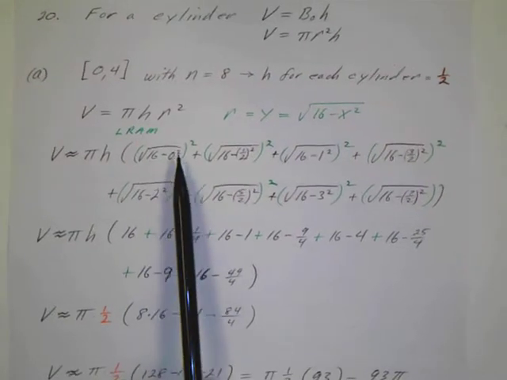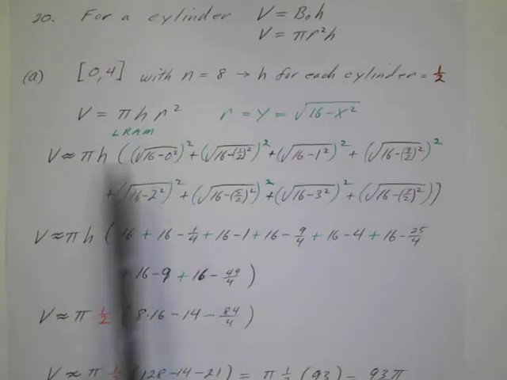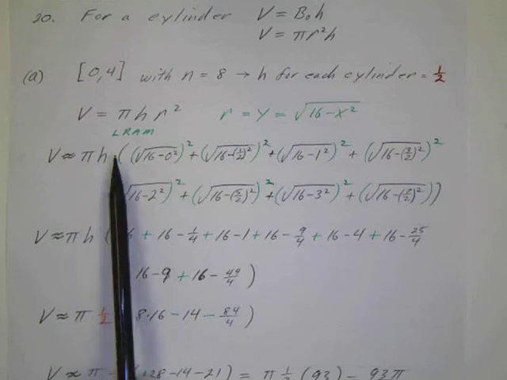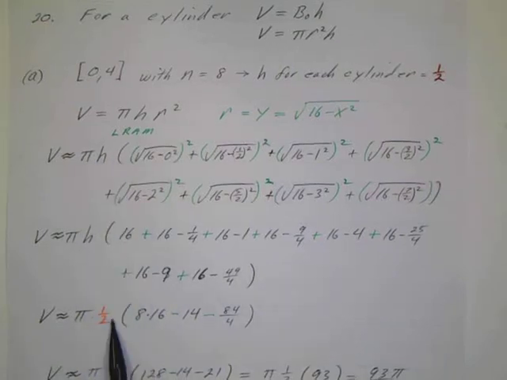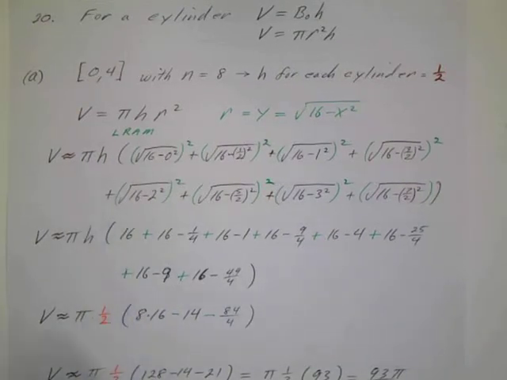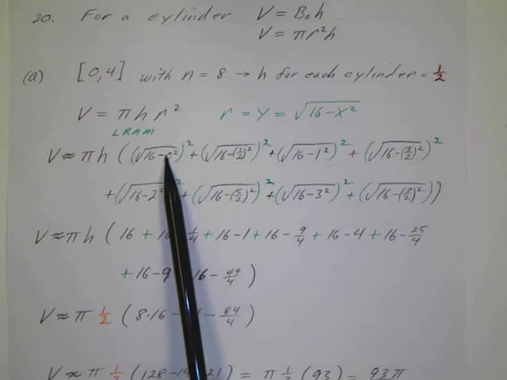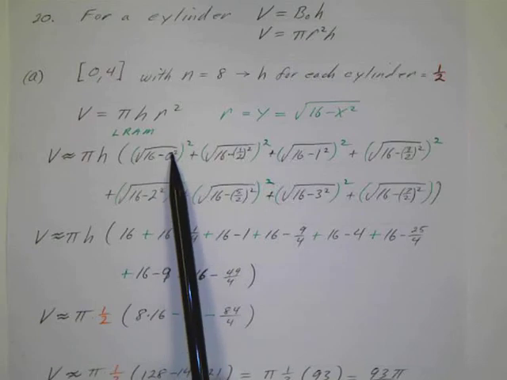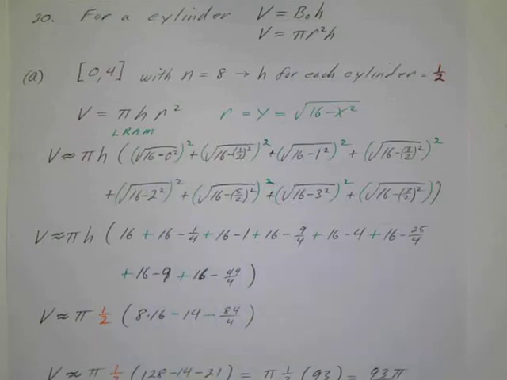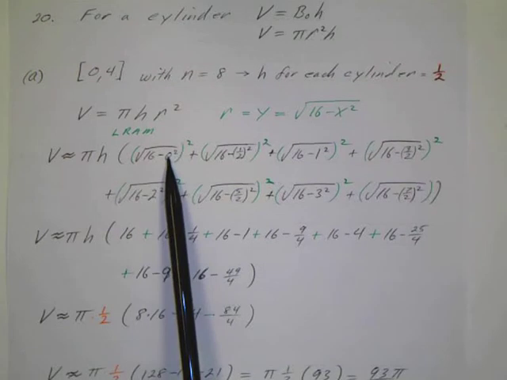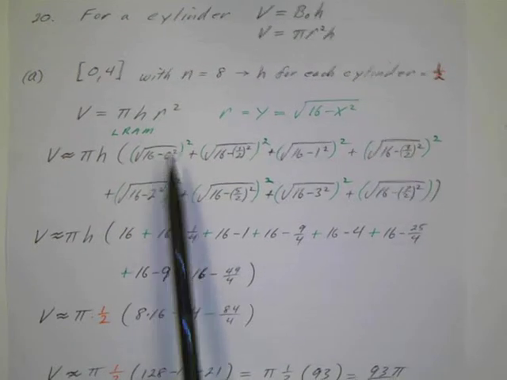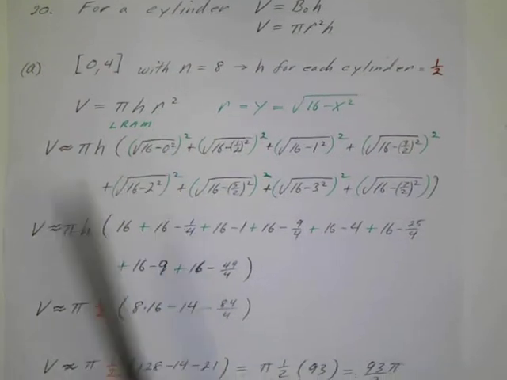So my left endpoint will be 0, so my height will always be the same. That will always be 1/2, and I'll put that in down here. Pi is always going to be the same, so I'm going to have 16 minus, and then my r will be given by the left endpoint, and you can see that that's going to be 16 minus 0, which would be the square root of 16. That kind of makes sense.